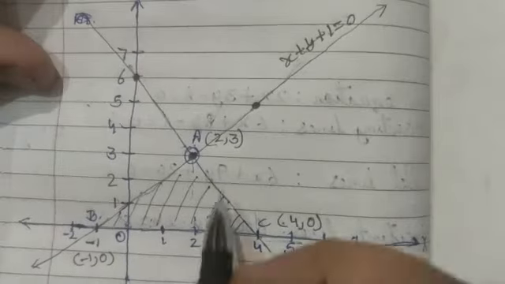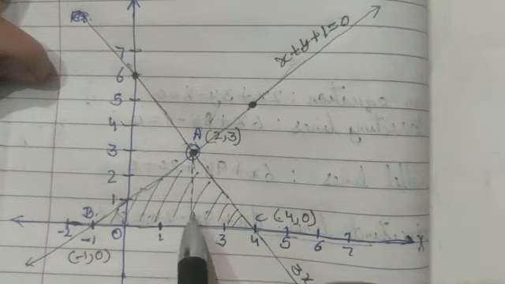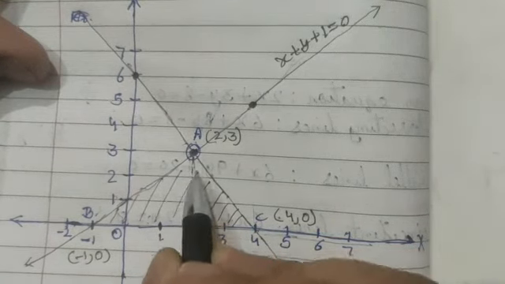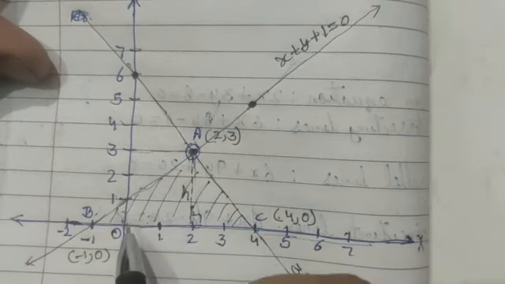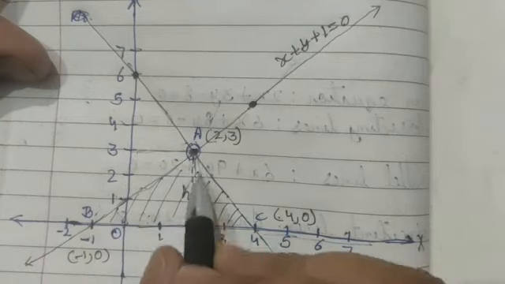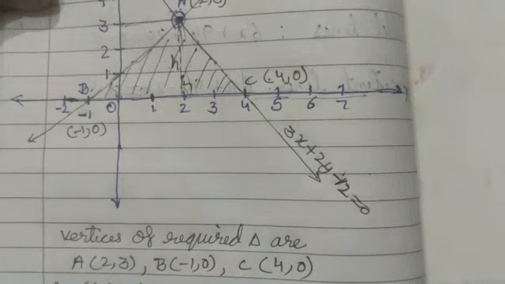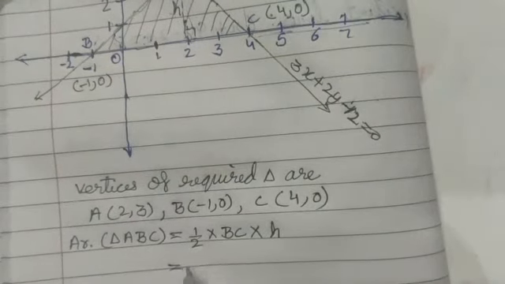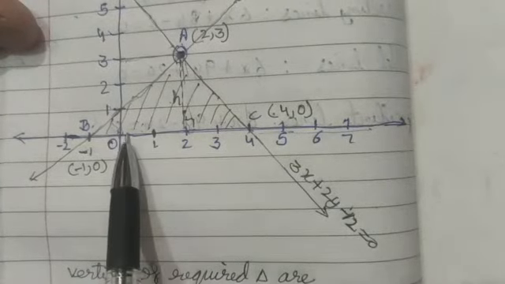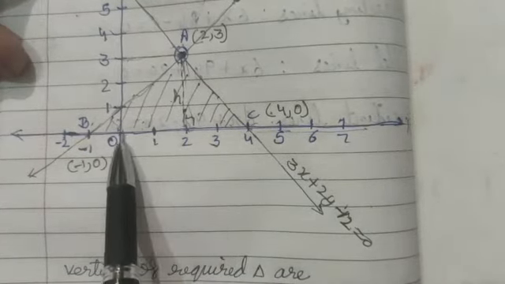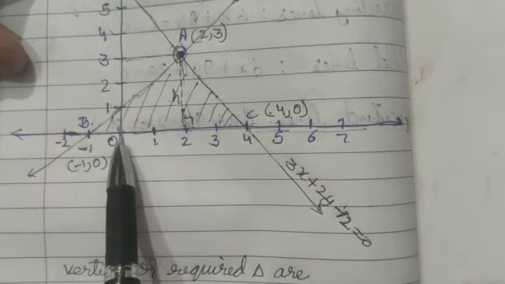Now what will be height? Height will be the perpendicular from the vertex A on BC, and the length of this perpendicular will be equal to 3. From 0 to 3 it will be 3. That will be h. Now what is the measure of BC? From 0 to 4 it will be 4 units, and from 0 to minus 1 it will be 1 unit.